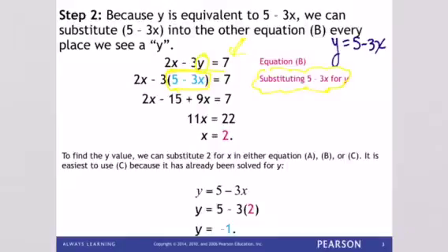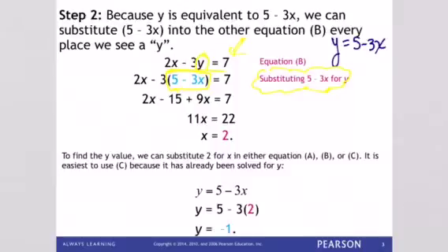Everything else is the same. They replaced this y right here with, remember, y is equal to 5 minus 3x from the work we just did.